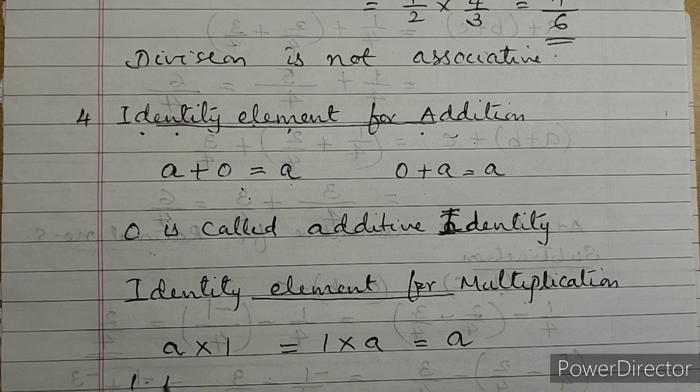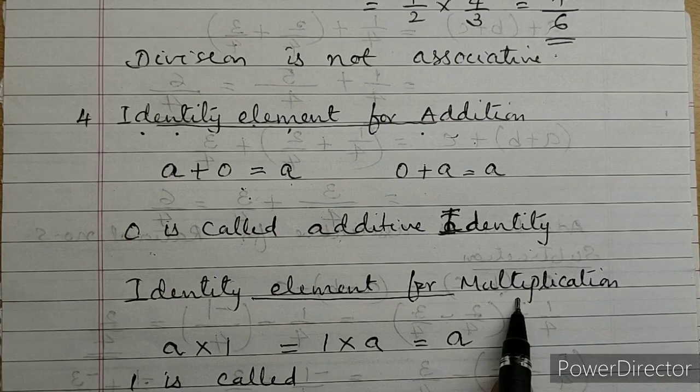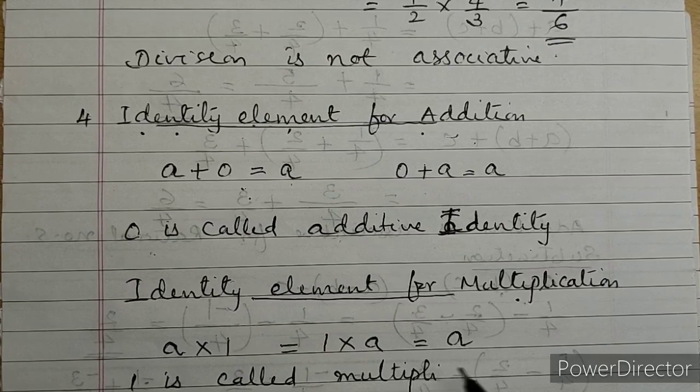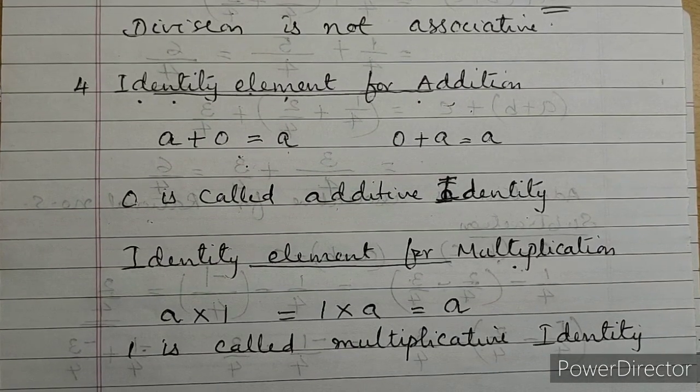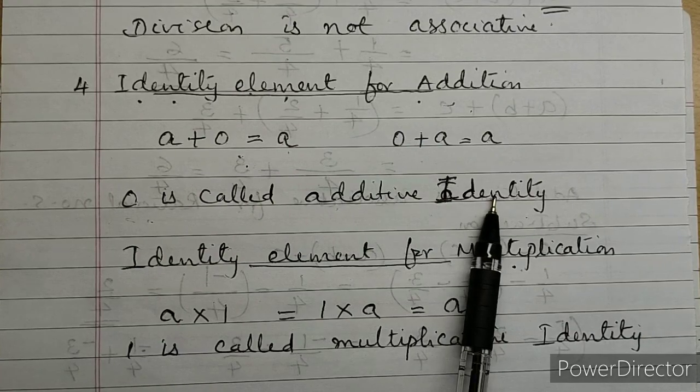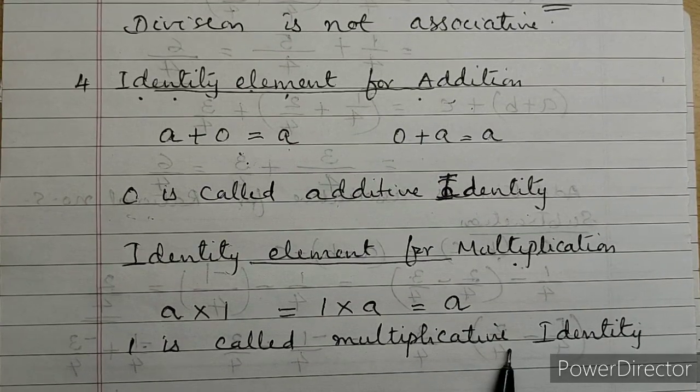So 1 is called the identity element for multiplication, or multiplicative identity. So 0 is called the additive identity and 1 is called the multiplicative identity.